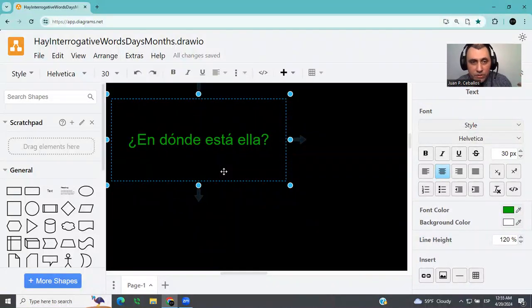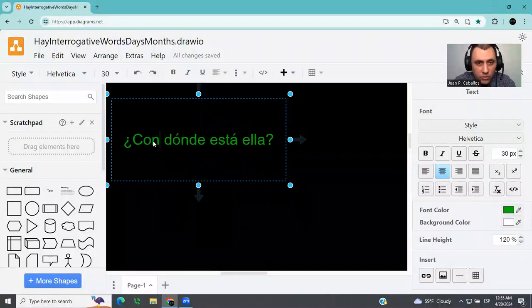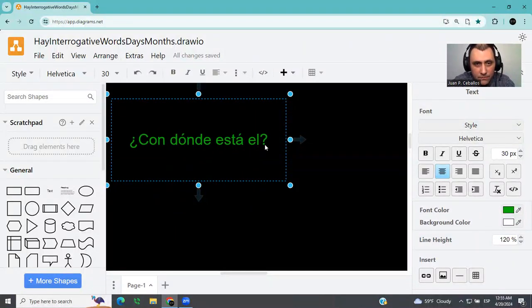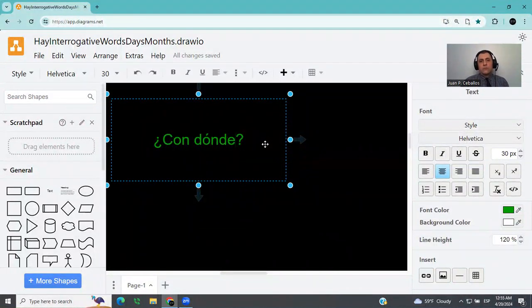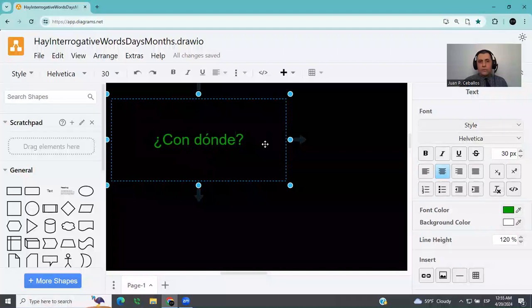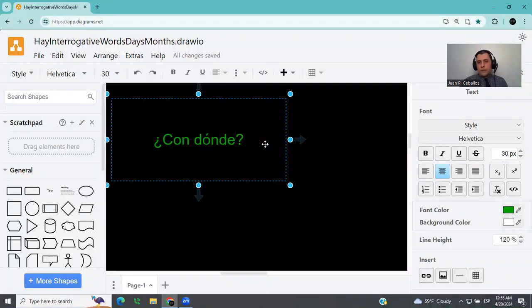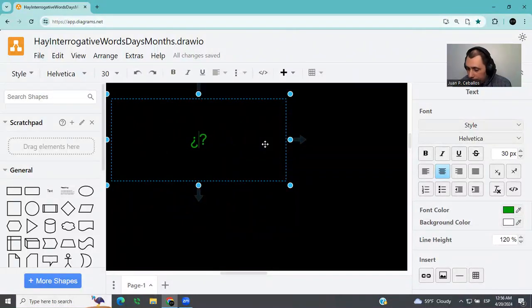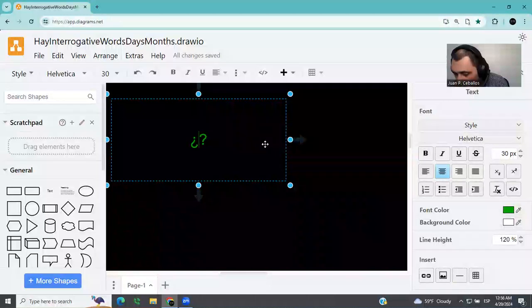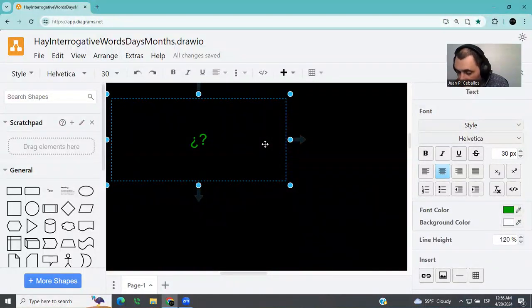Obviously, not all the prepositions will work. For example, if I say con dónde, this doesn't make any sense in English or Spanish. In English you would say with where. It doesn't make sense. It's the same with Spanish. Con means with. Okay. This is very easy, so you can do it on your own.